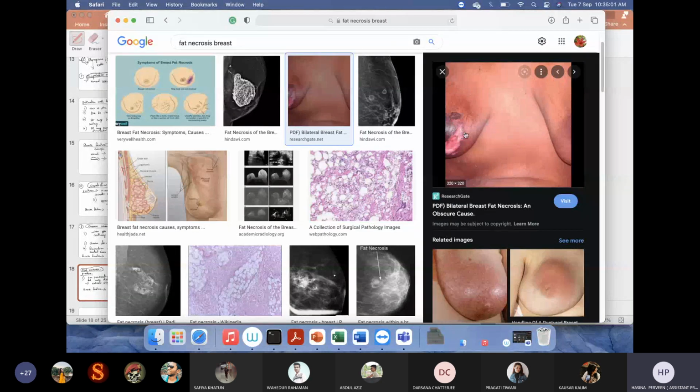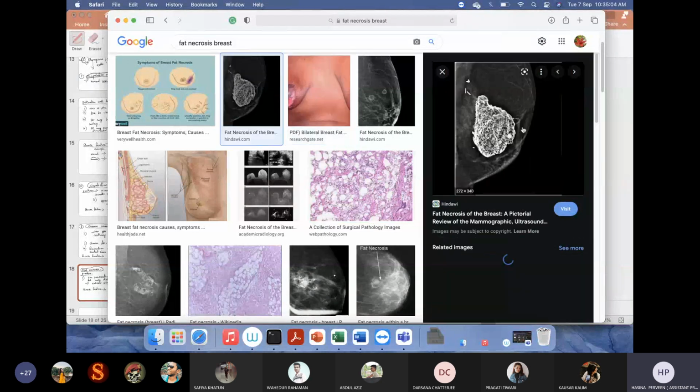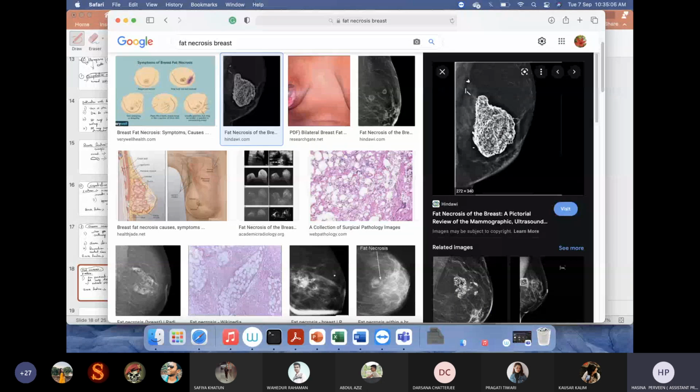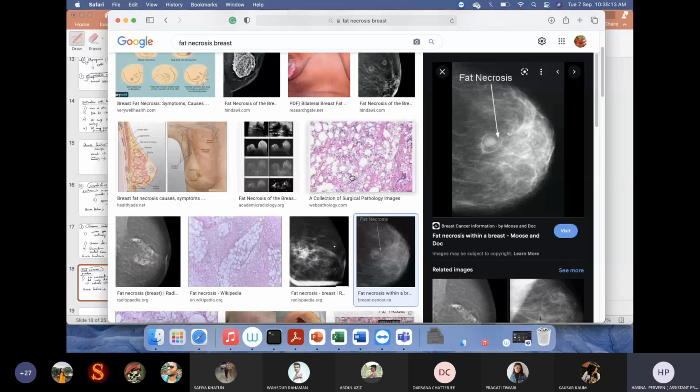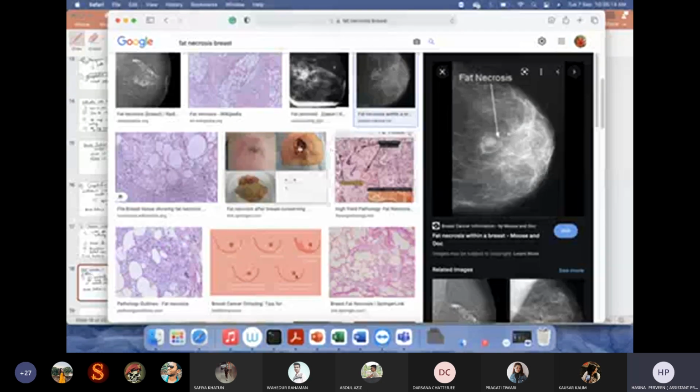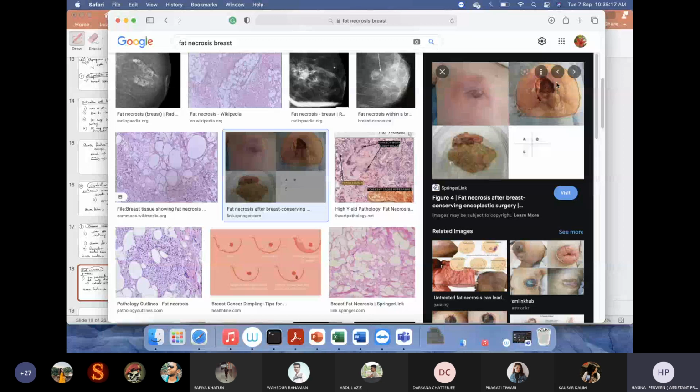This is the fat necrosis. Okay, this is a fat necrosis. This arrow also indicates fat necrosis. This condition, fat necrosis.